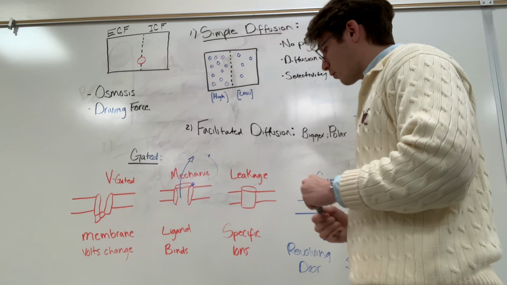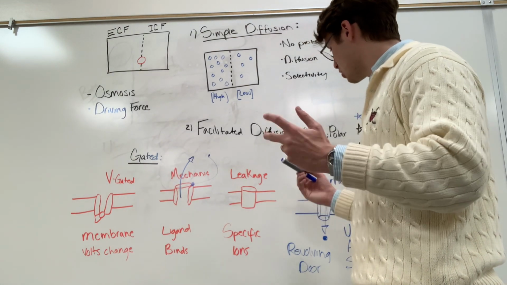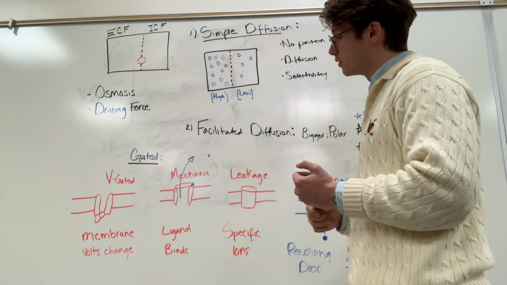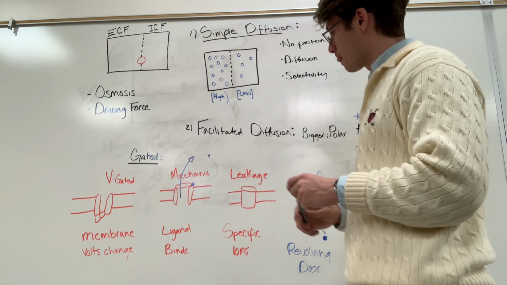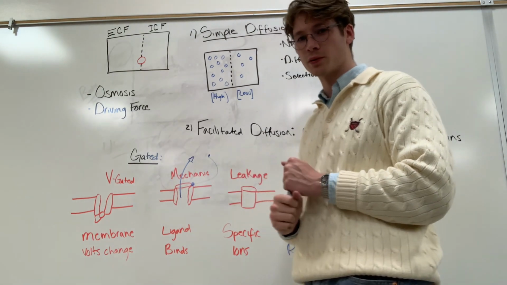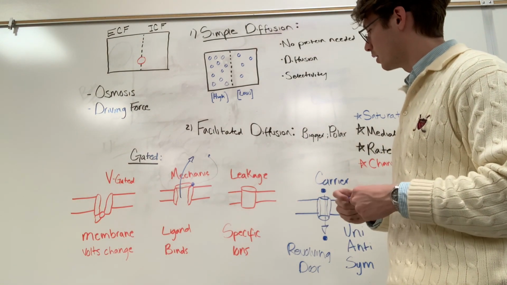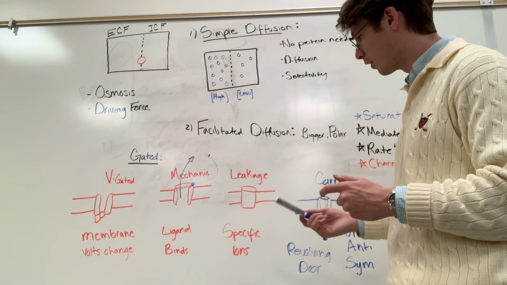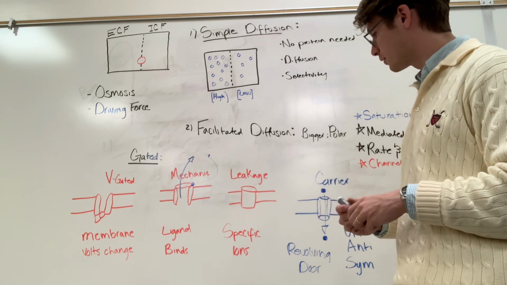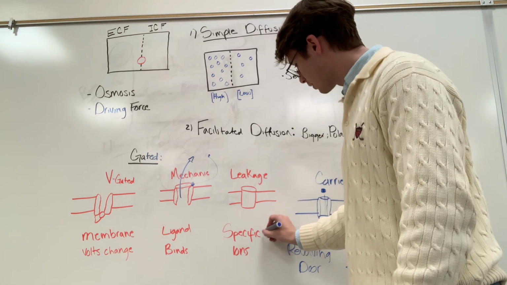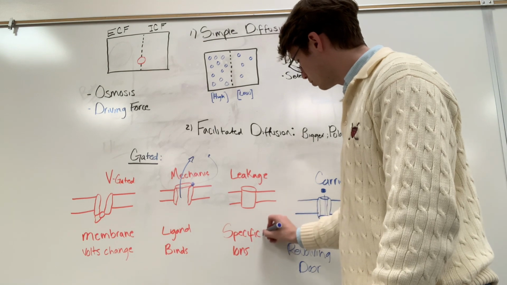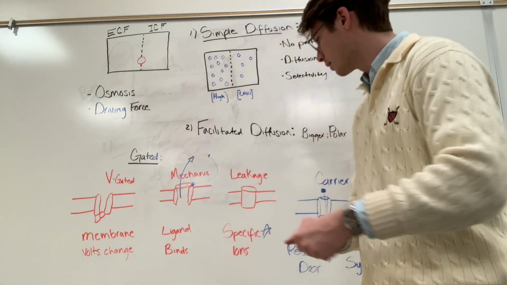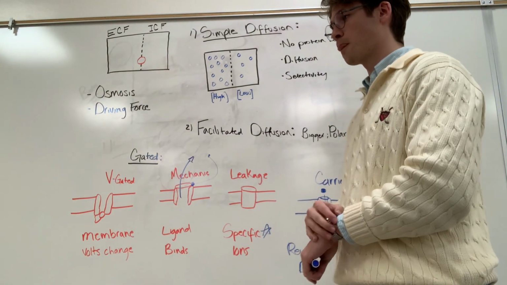But this next idea of a channel, these aren't gated in the sense that they open and close. Leakage channels are constantly open. They don't close, but they are very specific in terms of what they allow to pass through.